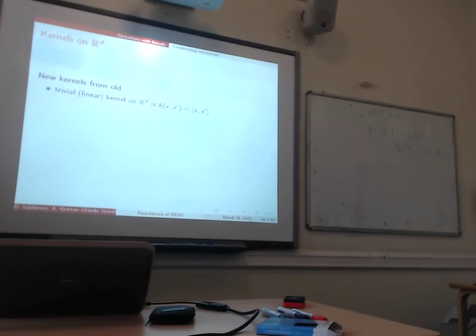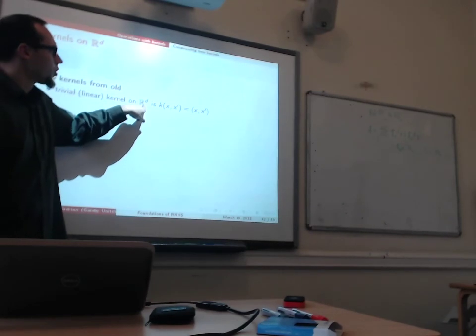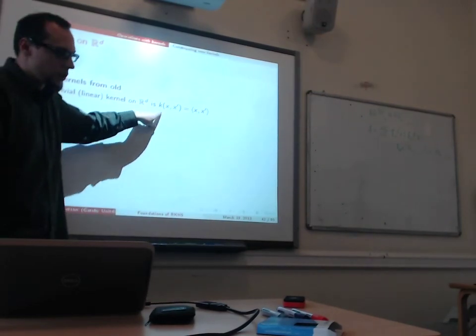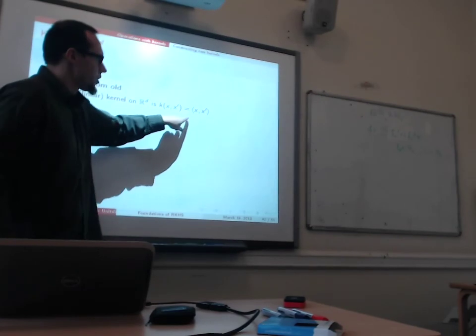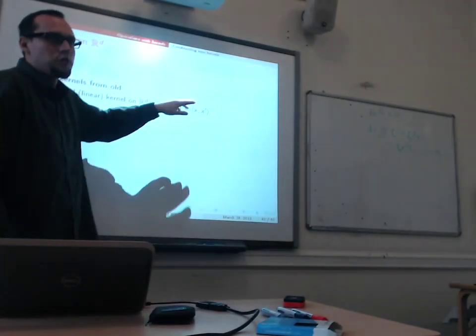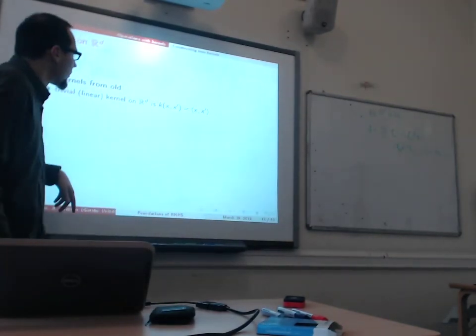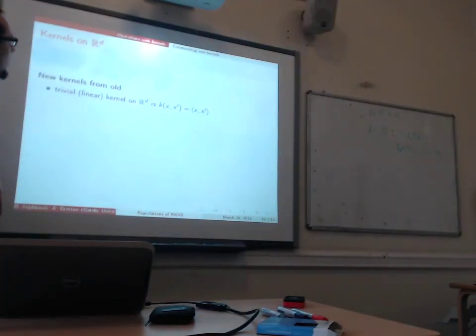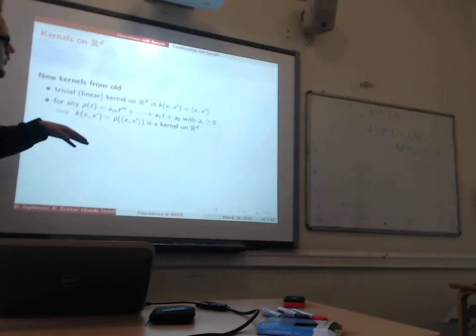We can use this fact to construct interesting new kernels. Let's start with a trivial linear kernel on Euclidean space. The kernel is just a linear product of features. Data points themselves are features of themselves, so that's a kernel. We know we can multiply it with itself and add it to other kernels.